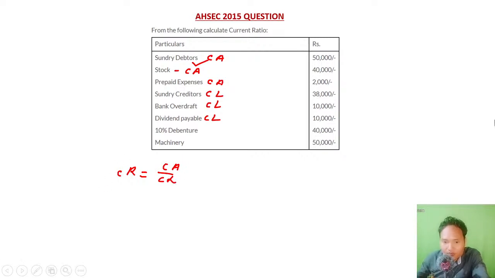Now you just need to write all the items of current assets here.